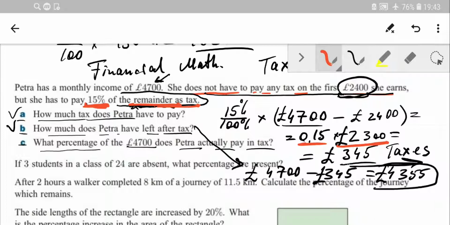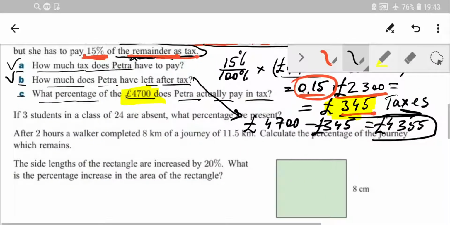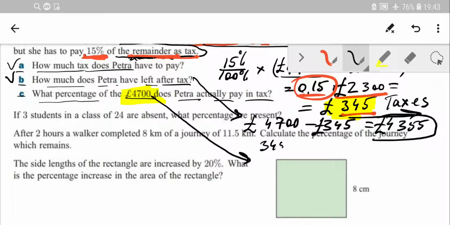Exactly, this amount, 345 pounds, is exactly 15%. But you ask about the percentage that she paid, it means this amount out of her total amount. So we need to write 345 as a fraction out of 4,700, and multiply it by 100%, because we need to calculate this fraction as a percentage.